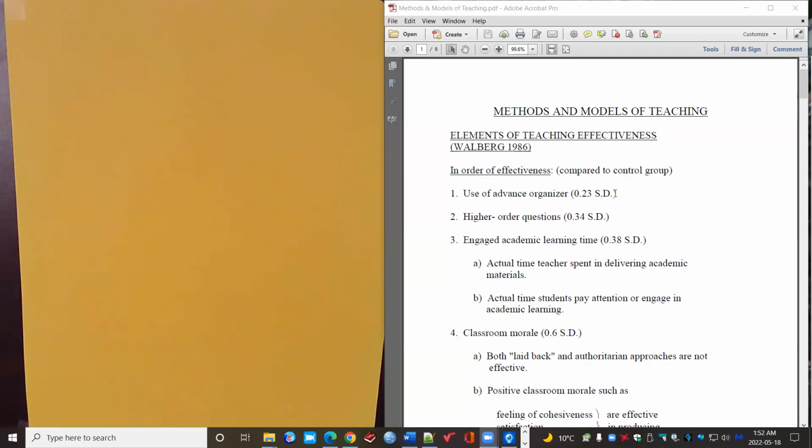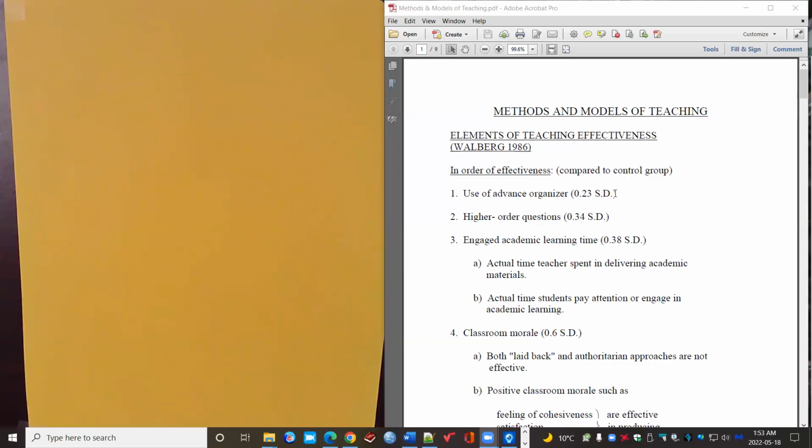So remember PQ4R. The use of advanced organizer is the P, preview, in PQ4R. So the main concepts to be covered are announced first as the means to prepare the students psychologically for what will be happening in the class.